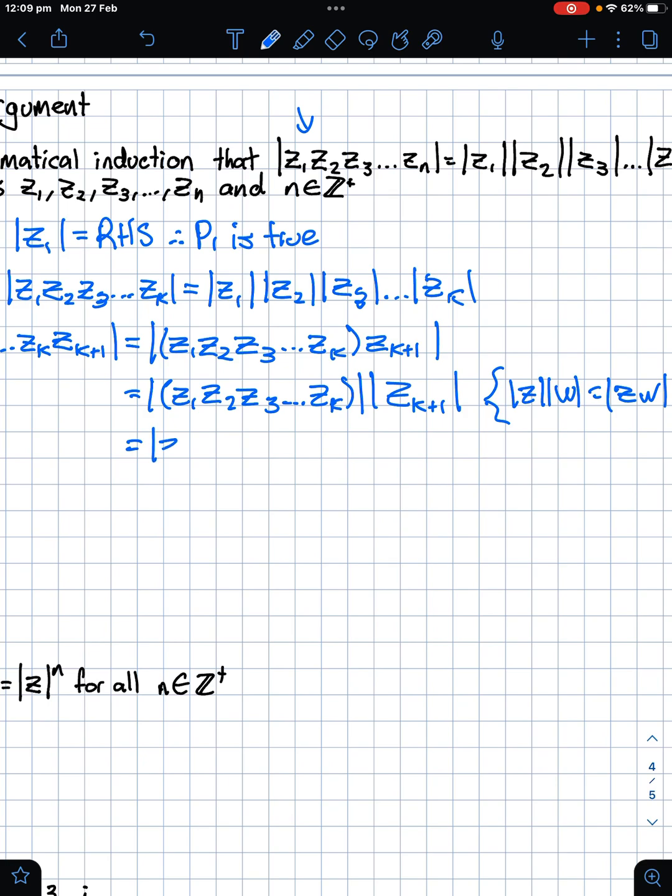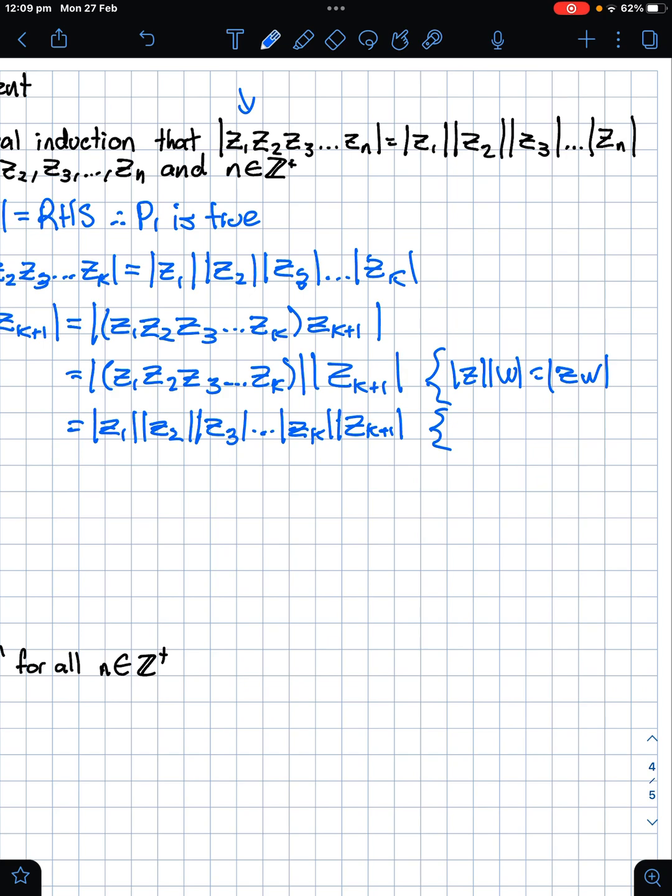So we're going to have the modulus of Z1, Z2, Z3, Zk, and then the modulus of Zk plus 1. And this is because Pk is true.